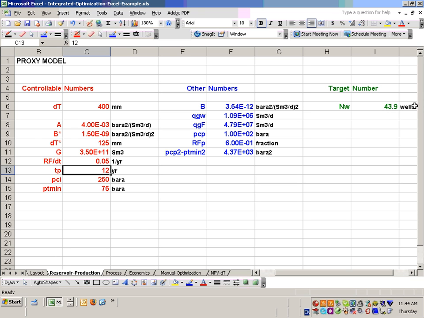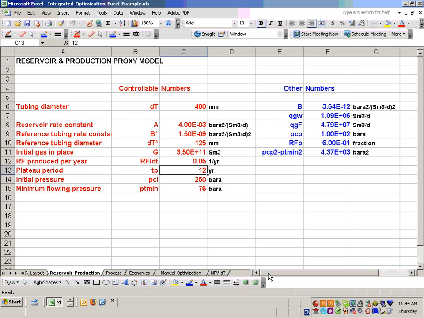The number of wells is a primary, if not the primary, cost item for a gas field development, because the number of wells means how many templates or how many platforms, etc., how many wells have to be drilled. So it's a key cost item. All of the main variables that affect the number of wells are basically captured in this spreadsheet.